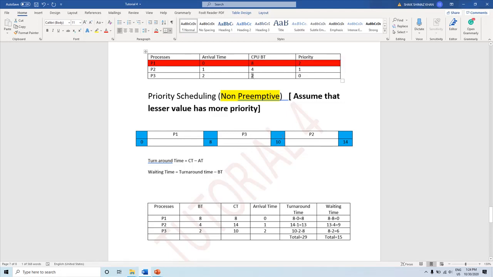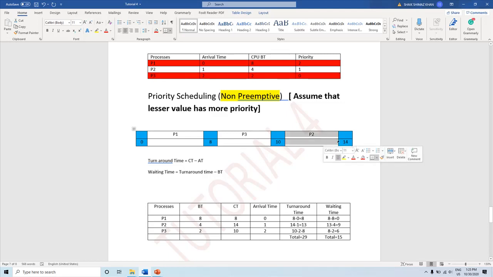So P3 finishes here. Once P3 finishes, the remaining process is P2. So P2 finally gets the chance, and P2 runs and finishes its task at 14 milliseconds.